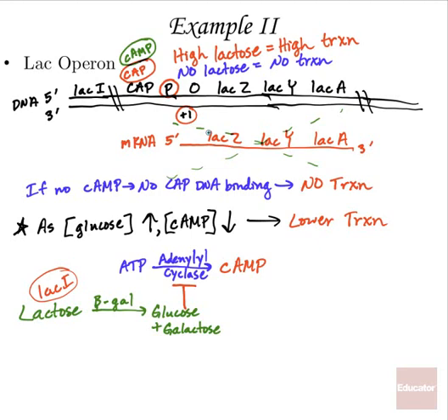So, if the DNA sequence is mutated, then the repressor LAC-I can't bind no matter what the lactose concentration in the cell is. So, if the operator sequence is mutated and LAC-I can't bind no matter what, this is what would be called constitutively active.